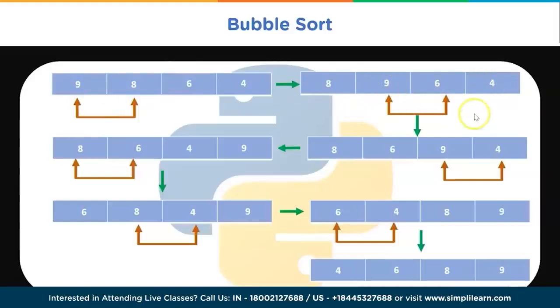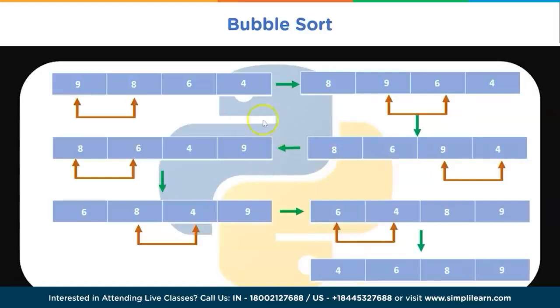Again, 9 will be compared with its adjacent 6, and 6 is smaller than 9, so it will be swapped. Coming down, 9 is now compared with 4, and 4 is smaller than 9, so it will be swapped. Till this point, 9 has been compared with each of its adjacent elements, and in this iteration 9 is now at its correct place, at the last position.